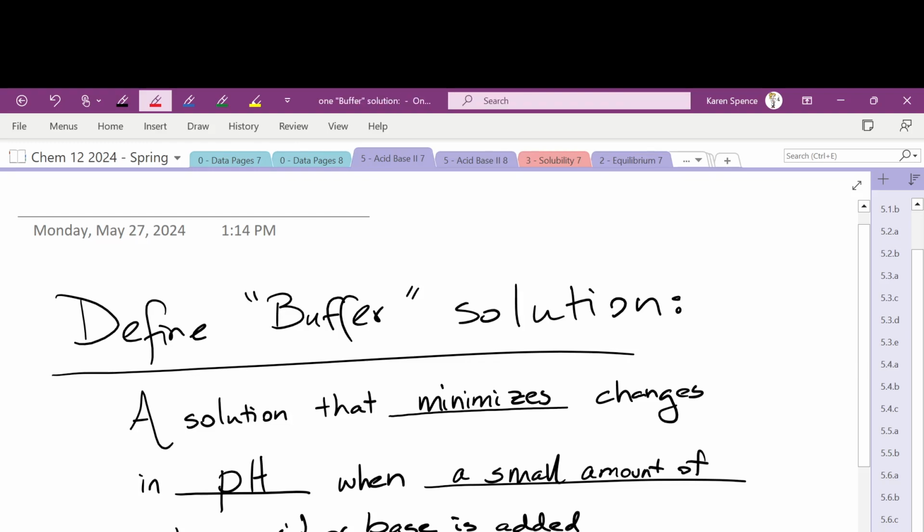Why do you think it is called an operational definition? Tell your partner what you think. Why do we call this an operational definition?